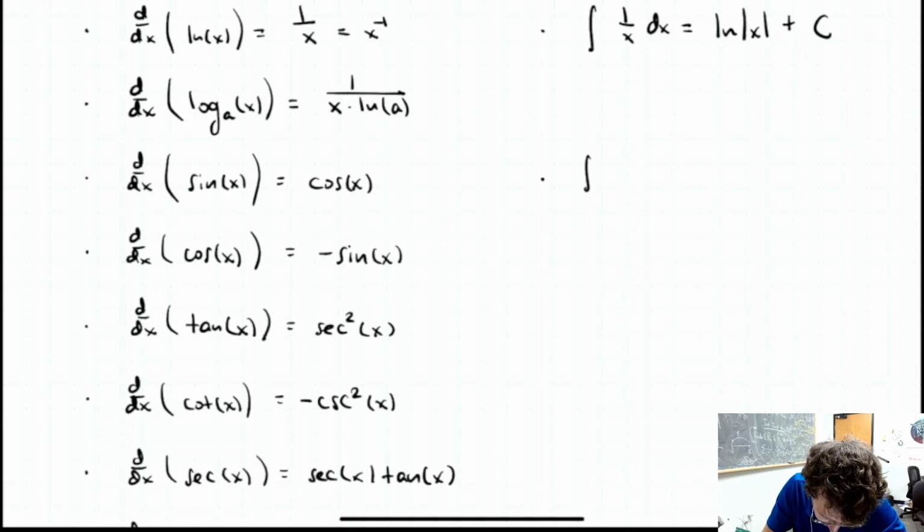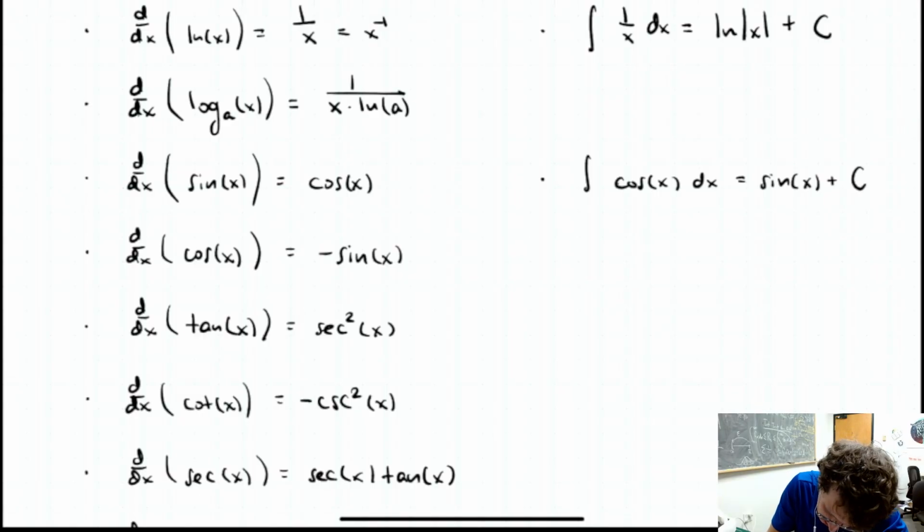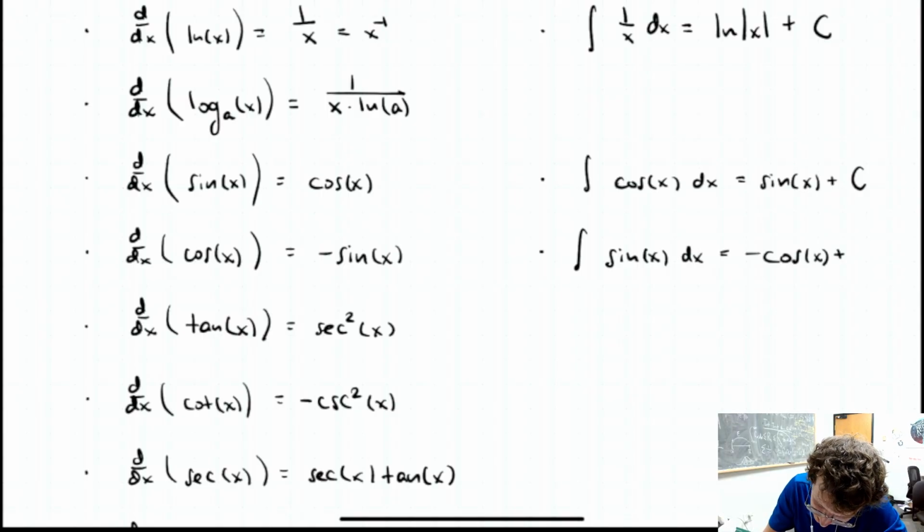Now the corresponding rules are that the integral of cosine of x is sine of x plus c, and the integral of sine of x is minus cosine of x plus c.